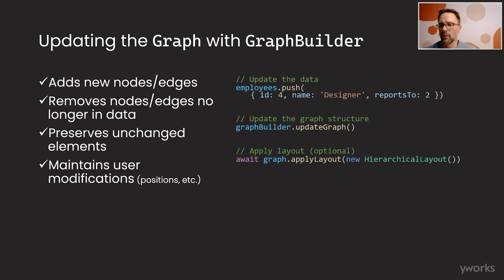Once you do this, you should probably apply another layout because likely the layout doesn't fit anymore with the new elements coming in, unless your data already has coordinates applied. It's important to understand that the GraphBuilder does not automatically apply a layout. It's up to you to configure or launch the layout. So typically after an update graph or build graph, you will run a layout algorithm like in this example.